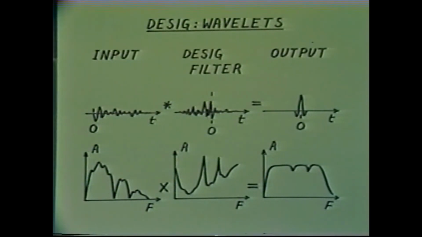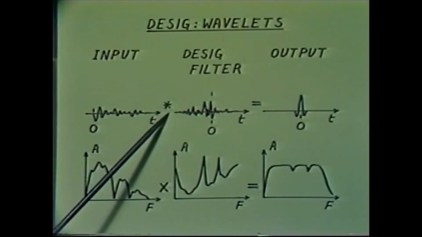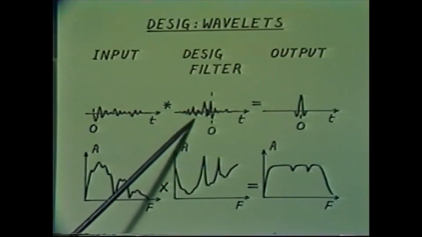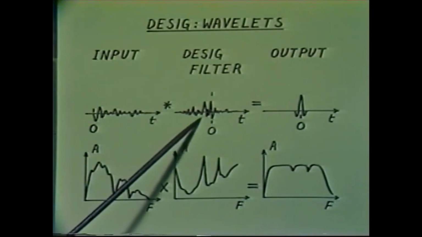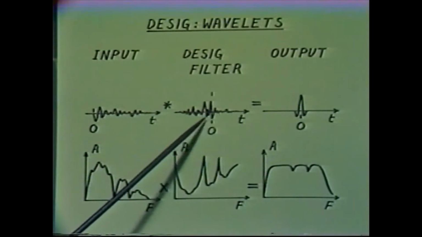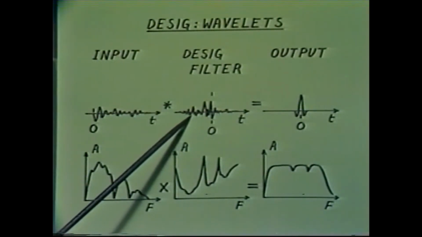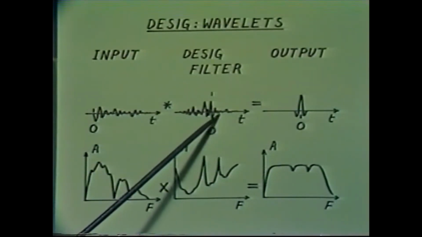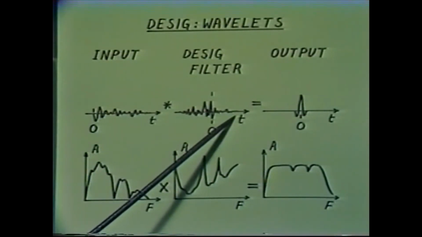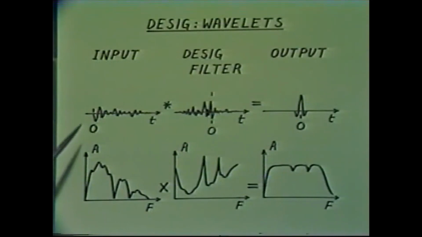Now, looking at the wavelets themselves, the wavelet on the input record would in general be a fairly long reverberating wavelet. That is convolved with the designature filter wavelet. Now, notice that this is a two-sided wavelet. It has significant amplitudes both before time zero and after time zero, whereas the input wavelet, being minimum phase, is a one-sided wavelet.